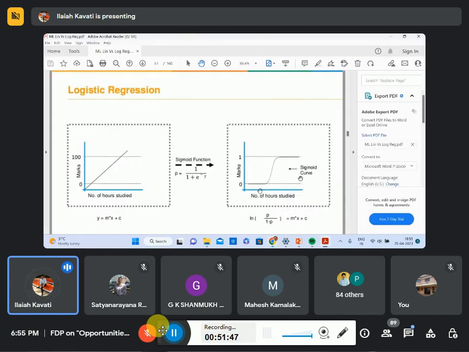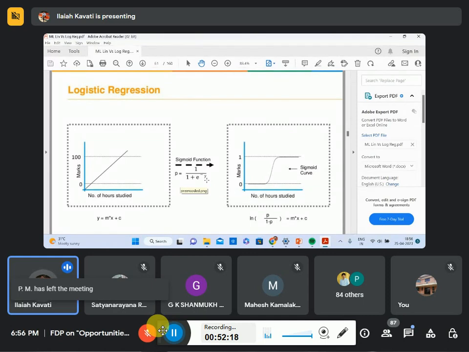Okay, no issue. So simply here, as the y value is decreasing, y is approaching 0. So e to the power of y becomes 0, and 1 by e to the power of minus y means 1 by e to the power of y.